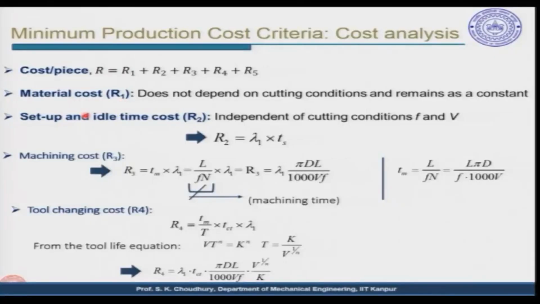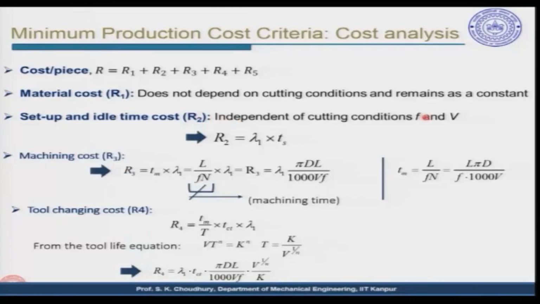The setup and idle time cost is also independent of the cutting conditions, because whatever the cutting conditions, you will have a certain settling and idle time, and you have to pay for that time. Cutting conditions mean cutting velocity, feed, depth of cut, etc.